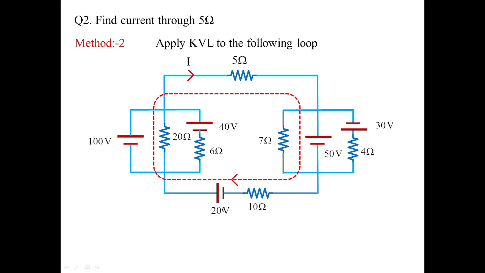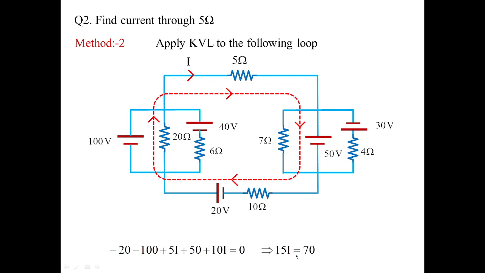I'm going to start with minus 20, then minus 100, then I'm going to have 5i, another drop over here, then 50, that is a dominating voltage of this parallel circuit, and this is how the loop current flows. So minus 20 minus 100 plus 5i plus 50 plus 10i equal to 0.